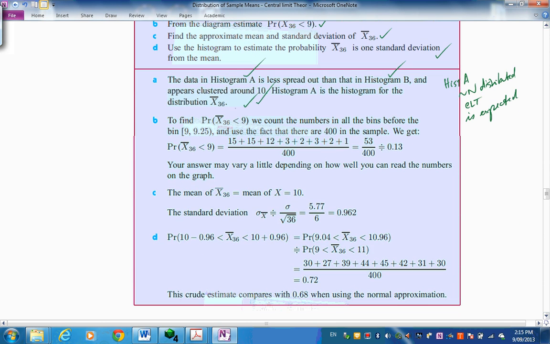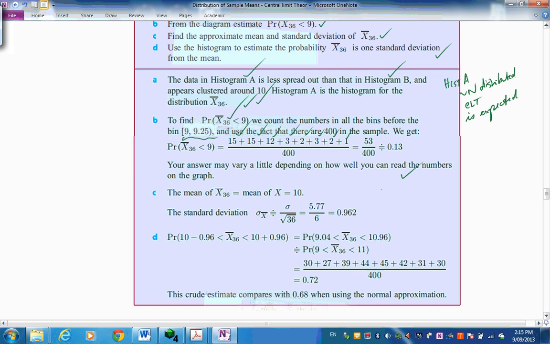To find the probability X bar is less than 9, you could count up all the numbers in all the bins before this one here and use a factor of 400. So they've counted up all the groups up to that one and then divided by 400. So this is an approximation from the statistics that we've gathered from the sample there.